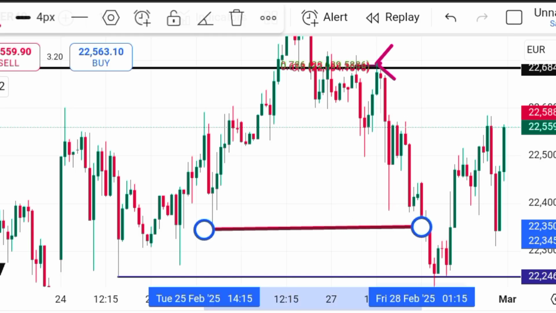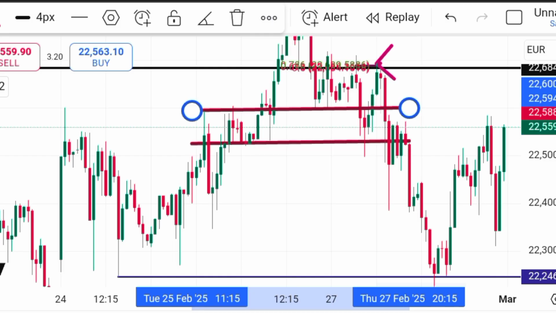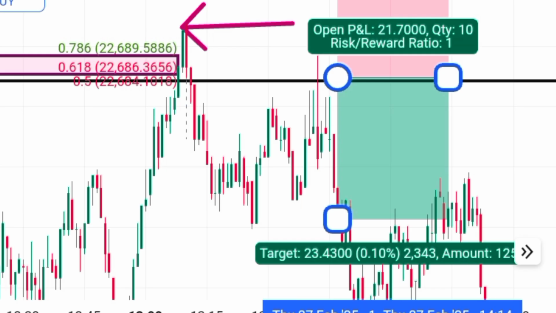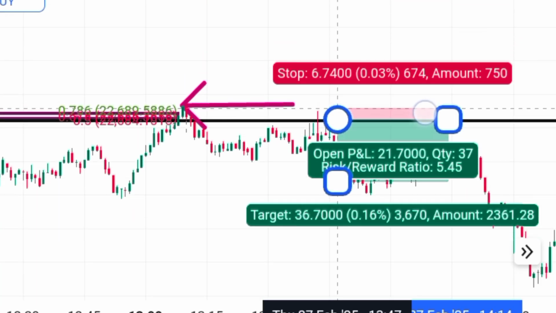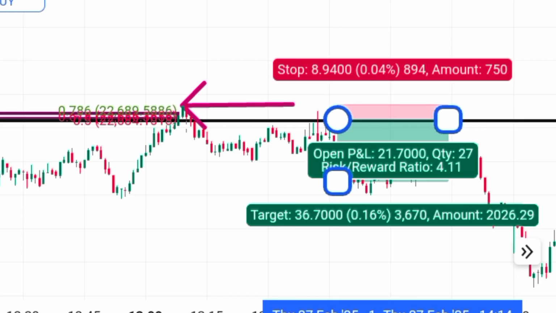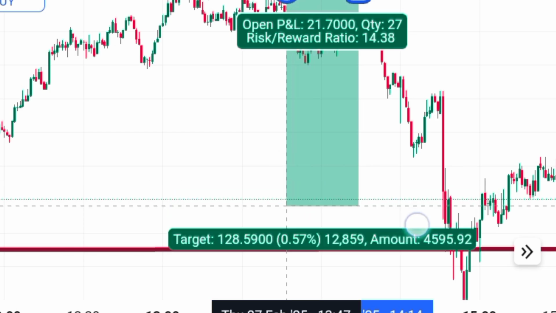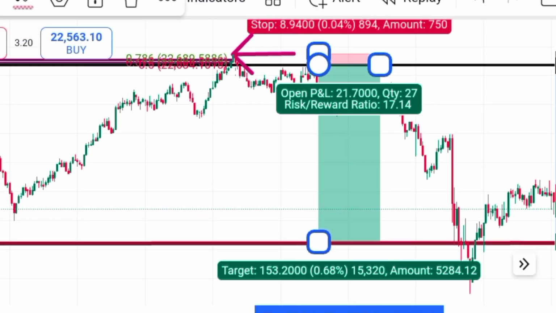Here was our first TP, and here becomes our 2nd TP. So the first TP was able to give us 1:17.